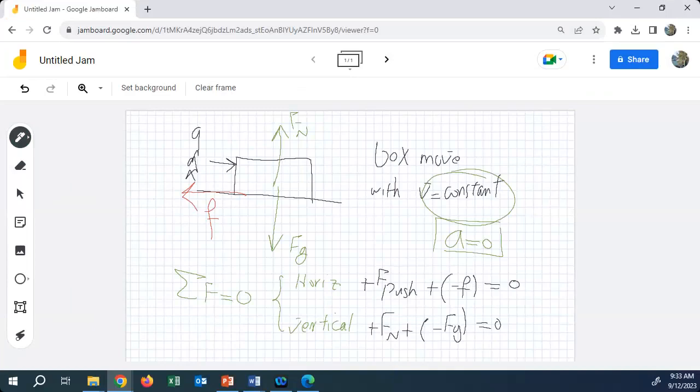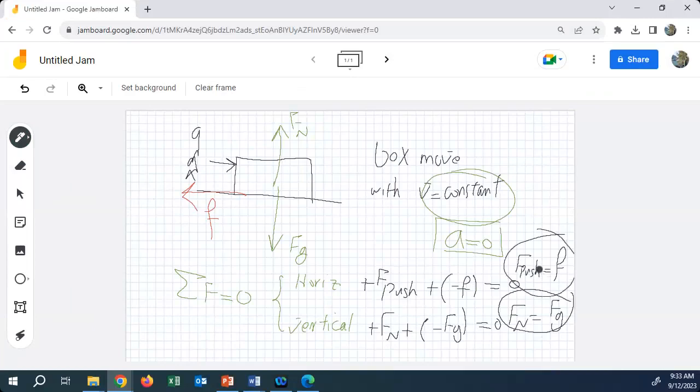So, what I can say from these two, is that the force of push is equal to the force of friction, okay? And the normal force is equal to the force of gravity. Good?